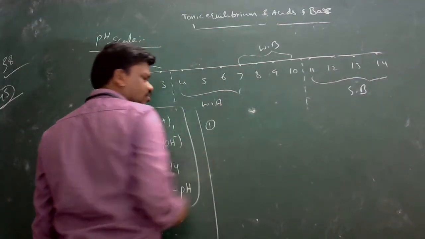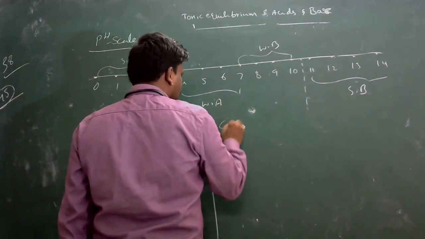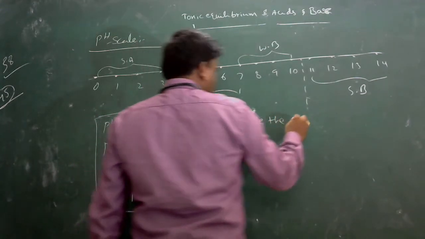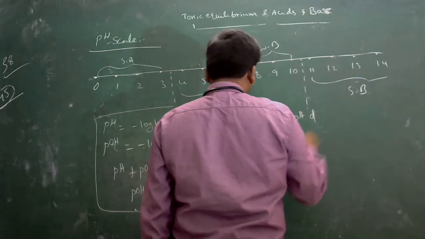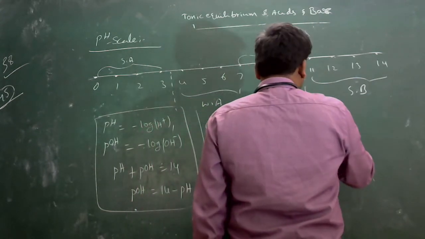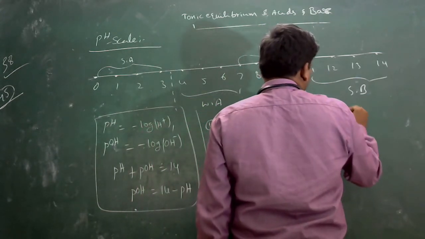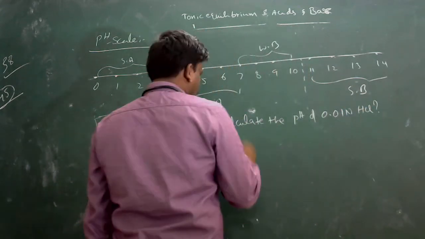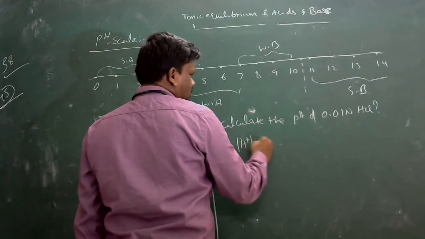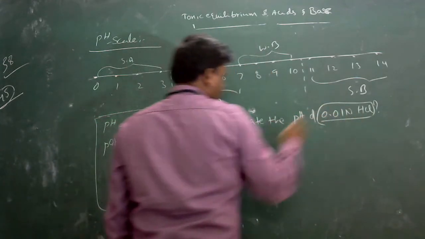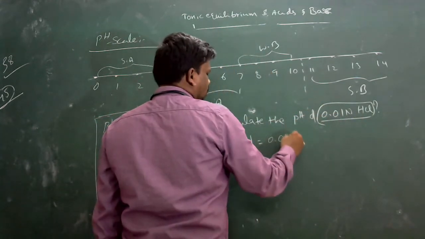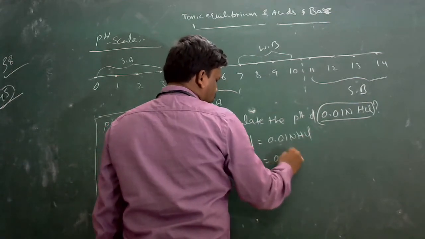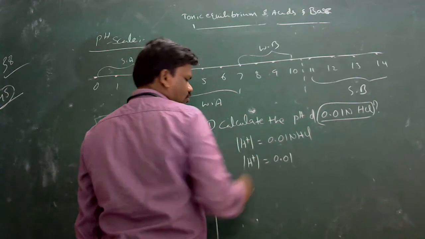First of all, calculate the pH of 0.01 normal HCl. Here, first of all, H plus concentration equals 0.01 normal HCl, that means 0.01 H plus concentration.